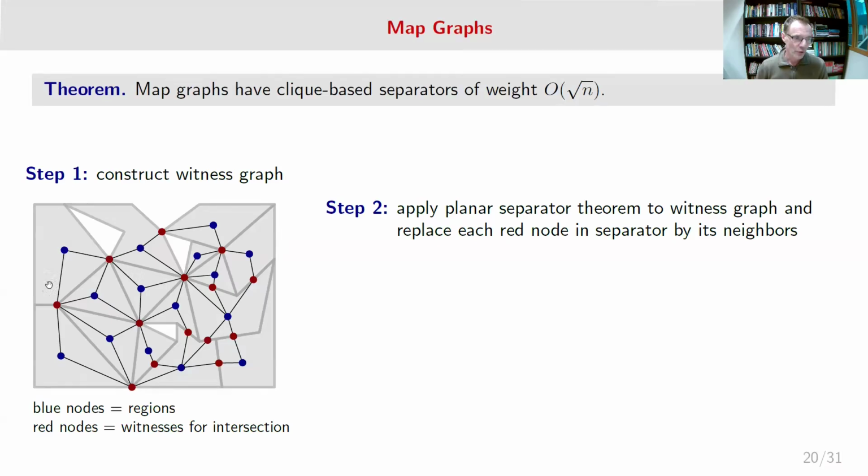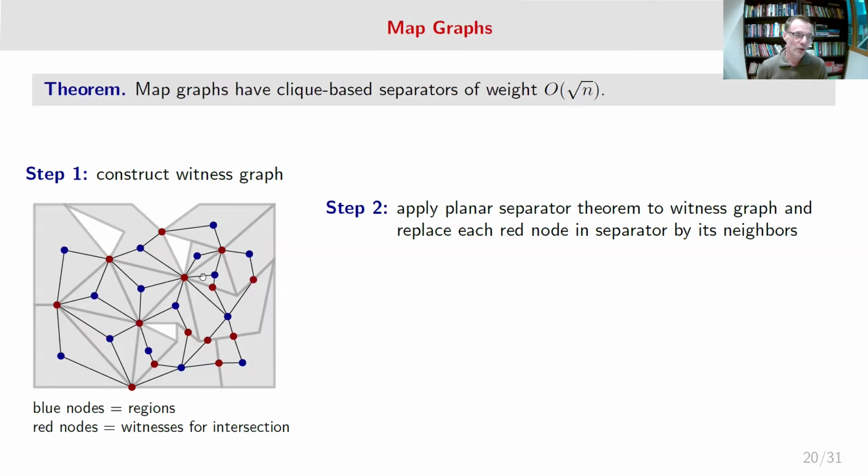But I also have these red nodes that are witnesses for when two regions intersect. Here, these two regions intersect, and I actually have two witnesses. I can go via this red node or here. This red node serves as a witness for the fact that all its blue neighbors form a clique.